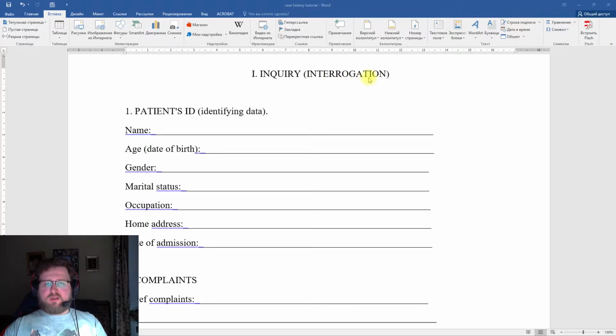It's all this information you gather from a patient by interrogating. It means via conversation. That's what you ask the patient and he gives you answers. Or otherwise, in other words, that's the talk with the patient.